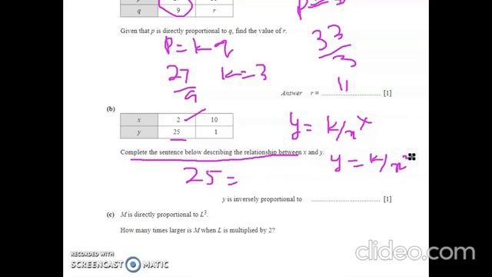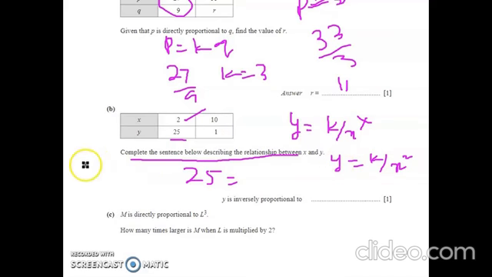Okay. Now if we see X square, 2 square is becoming 4 and 4 multiplied by 25 gives me 100. My K is coming out to be 100. Now over here, 10 squared is becoming 100 and 100 multiplied by 1 is 100. So in both the cases, my K is coming out to be 100.